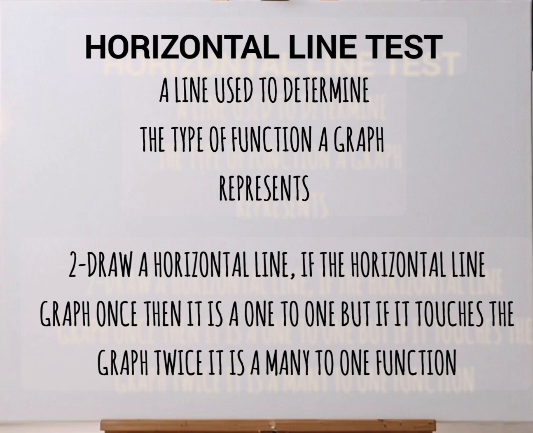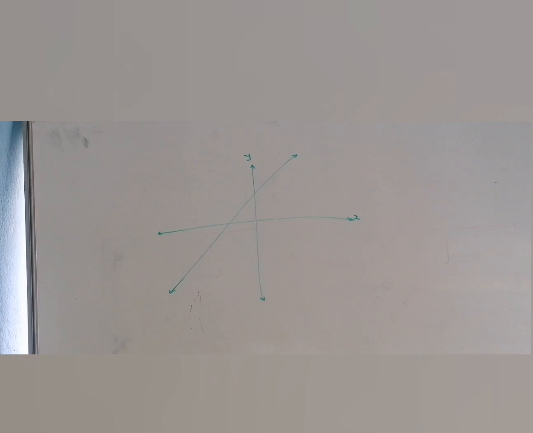If the line touches the graph once, then that graph is a one-to-one function. But if it touches the graph twice, that graph is a many-to-one function. So you must know how to differentiate between these two line tests. The vertical line test is used to determine if a graph is a function. The horizontal line test is used to determine the type of function the graph represents.